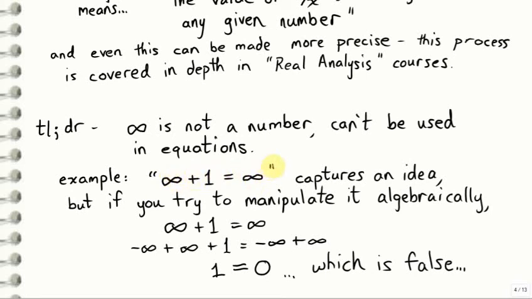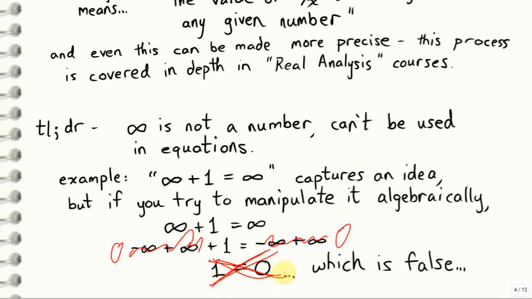For instance, if you tried infinity plus 1 equals infinity, hey, let's just add negative infinity to both sides, and that cancels out, and that cancels out, and we're left with a 0 and a 0, and you get 0 plus 1 equals 0, so 1 equals 0, which totally does not work. We can't use infinity in equations. If we do, we're led to inconsistent, false statements.